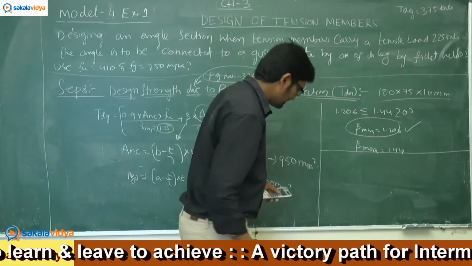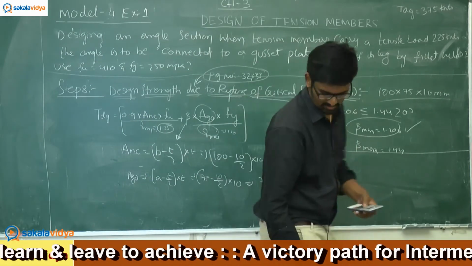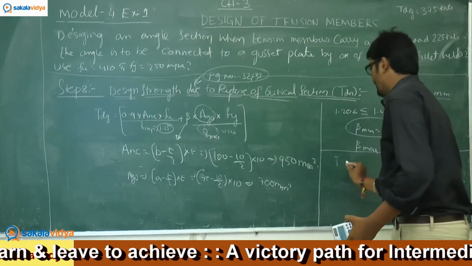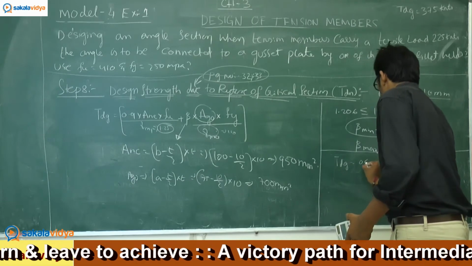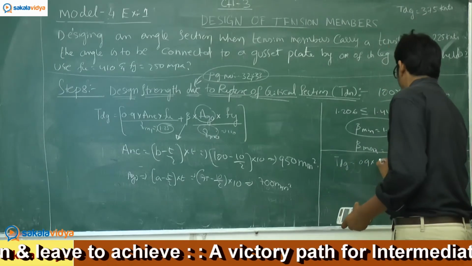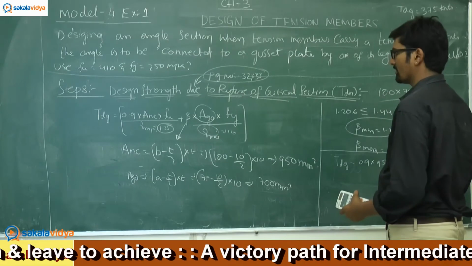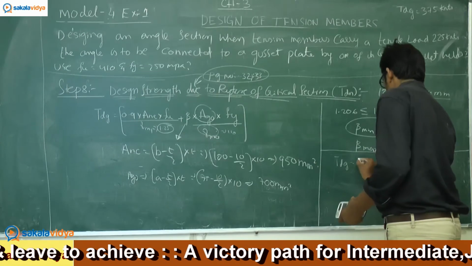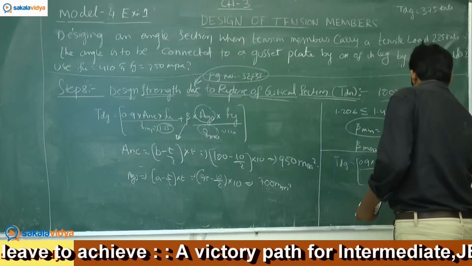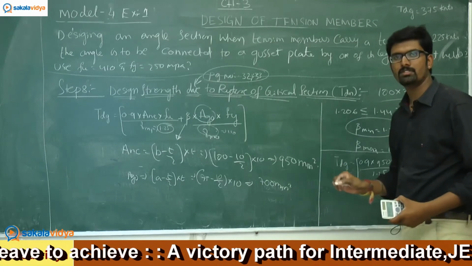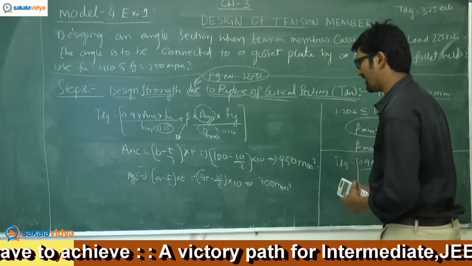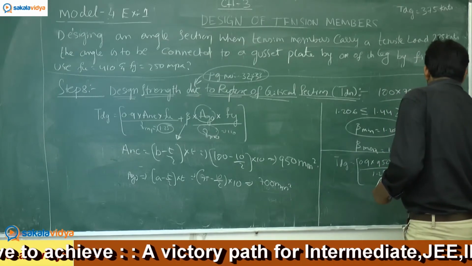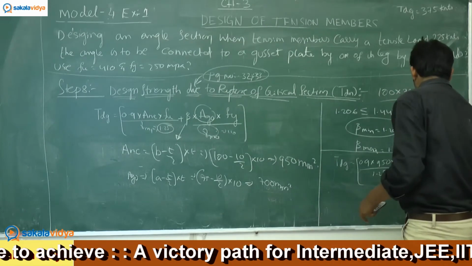So TDG is equal to 0.9 into ANC, area of connected leg, 950, into Fu 410 divided by 1.25, plus beta 1.206 multiplied with area of outstanding leg, that is 700 mm square, into 250, that is Fy, divided by 1.10.